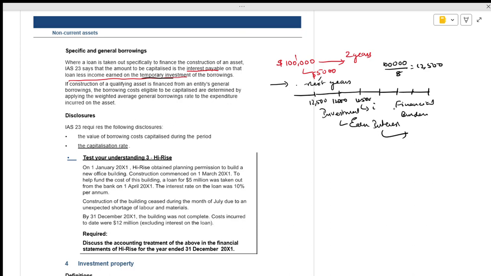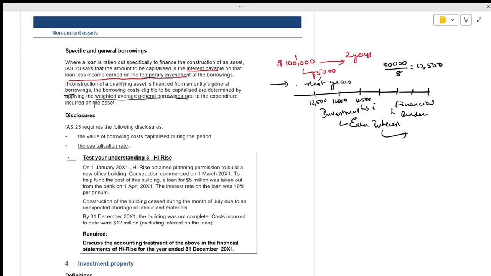If construction of the qualifying asset is financed from general borrowings, the first one being specific borrowings and the second general, the borrowing cost eligible to be capitalized is determined by the weighted average general borrowing rate. Means we will calculate the rate of interest.